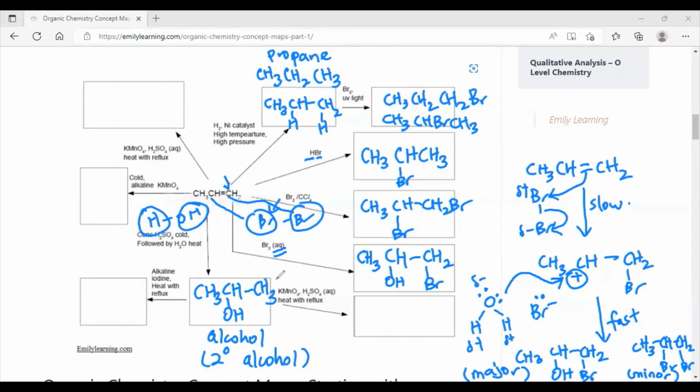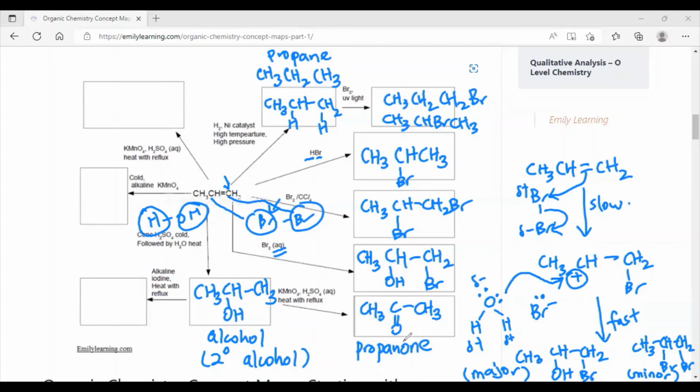If a secondary alcohol were to undergo oxidation, then it will form a ketone. So basically, the H and the OH will change to a double bond O. Okay, so this is the product formed. This is propanone.